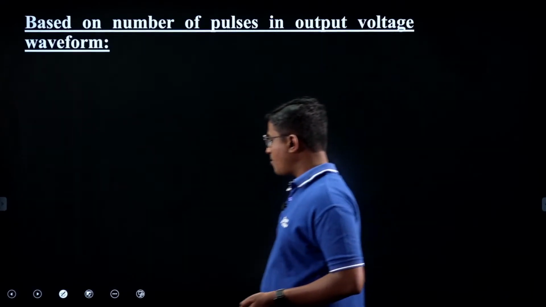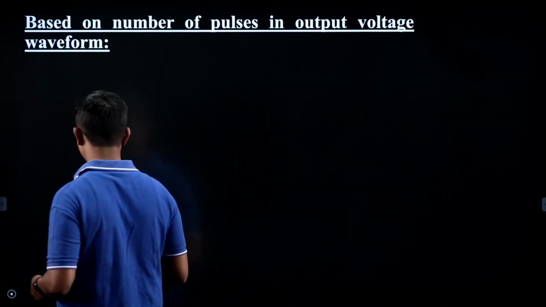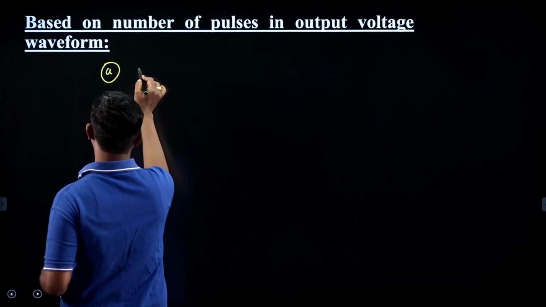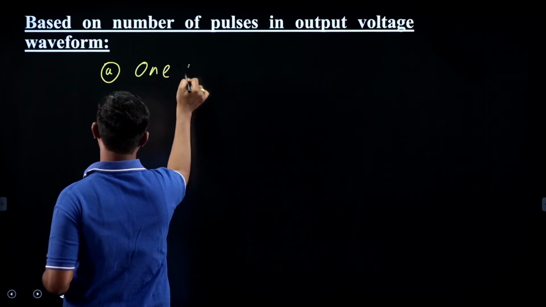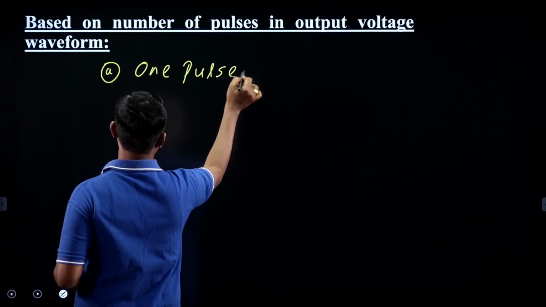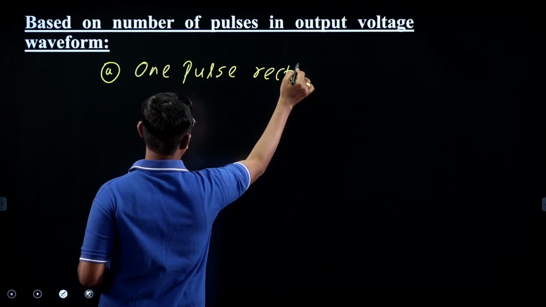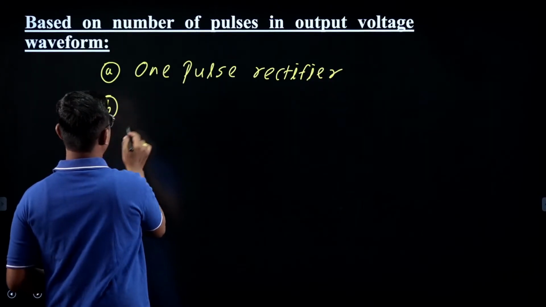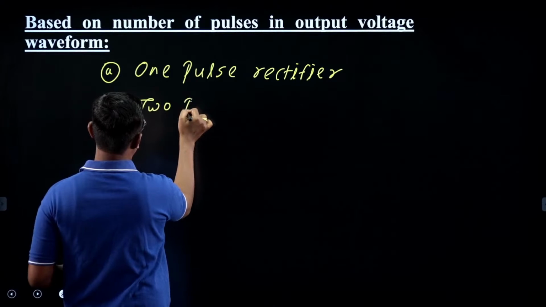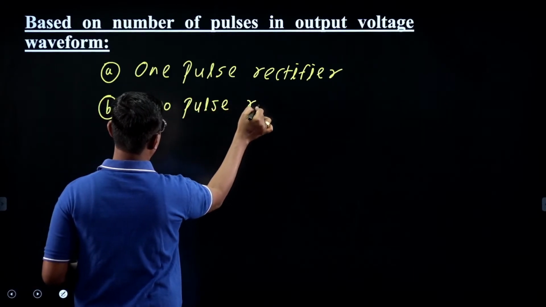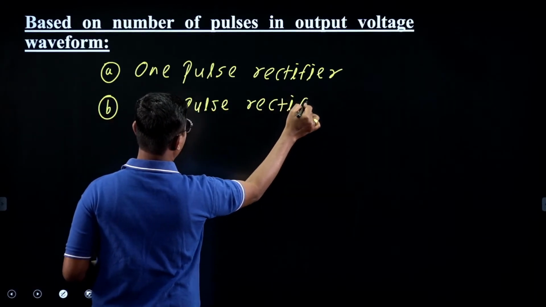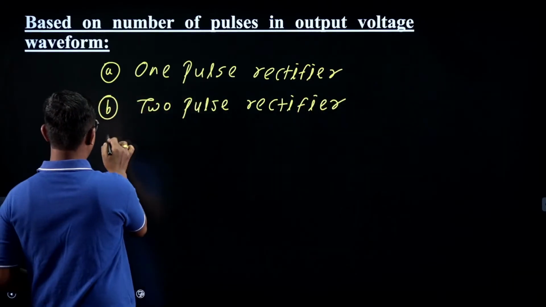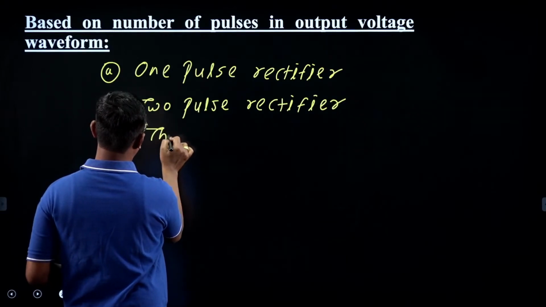we have different types of rectifiers: single pulse or one pulse rectifiers. Second is two pulse rectifier. Third is three pulse rectifier.